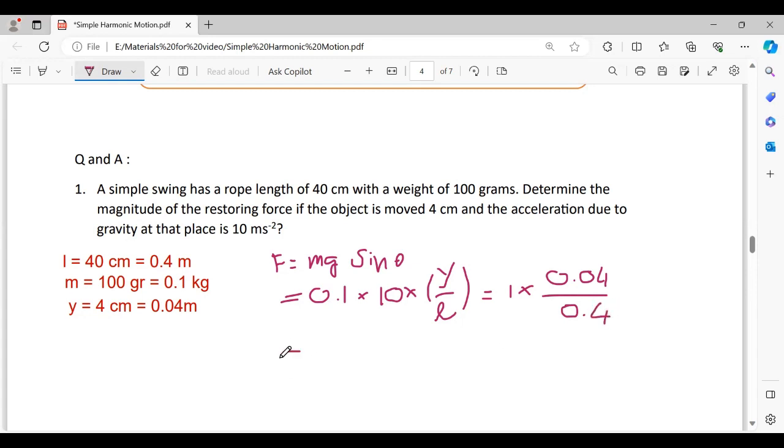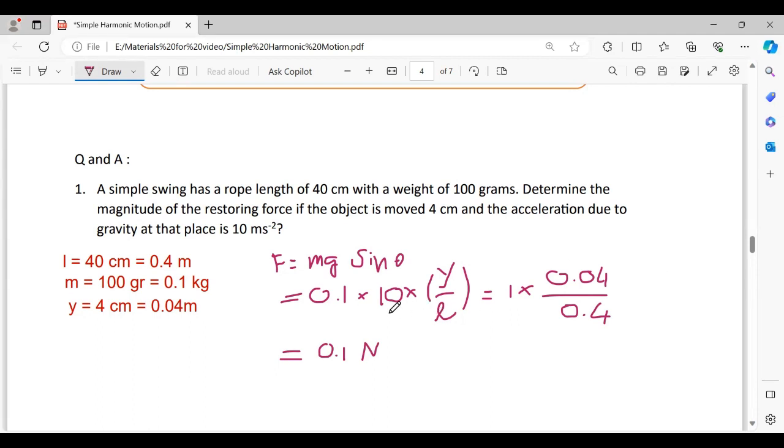And if you divide it, it becomes 0.1 newtons. Okay. And the direction is the opposite.